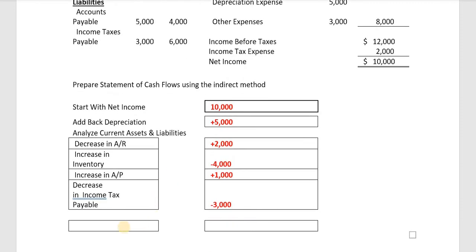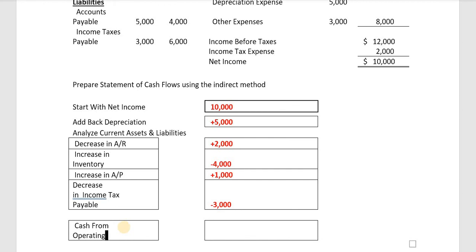So what's my cash from operating activities? $10 plus 5 is 15, plus 2 is 17, minus 4 is 13, plus 1 is 14, minus 3 is $11,000.